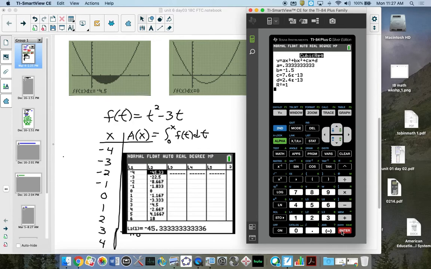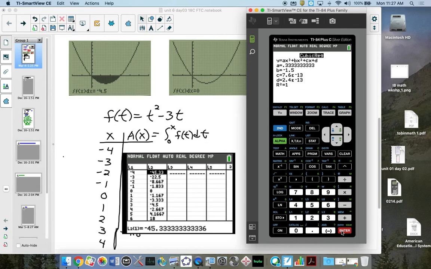Now notice those c and d values. 7.6 e negative, that means 7.6 times 10 to the negative 13th power. That's almost 0. So I'm guessing that c and d are both 0. So it looks like a is 1/3, so y equals 1/3 x cubed, and b is negative 1.5, so it looks like negative 3/2. And then that's times x squared.